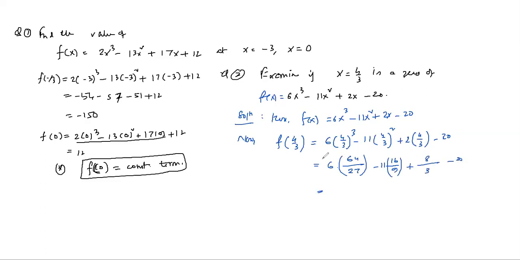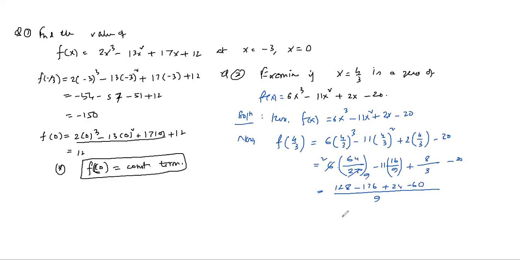I can cancel a 3 here, so the LCM will be 9. So it is 128, then 176, then 24, and then 60.